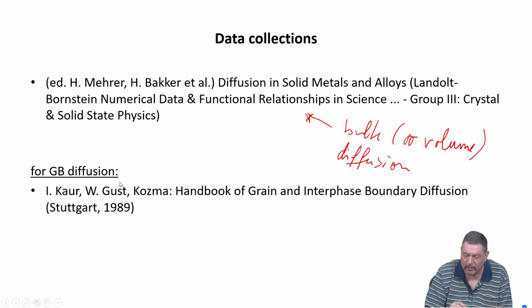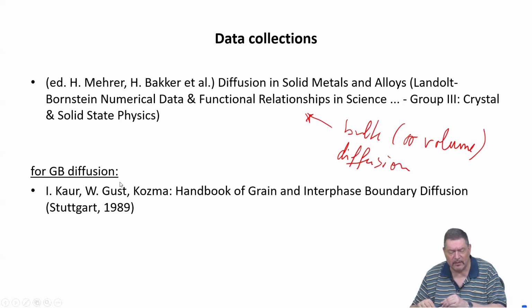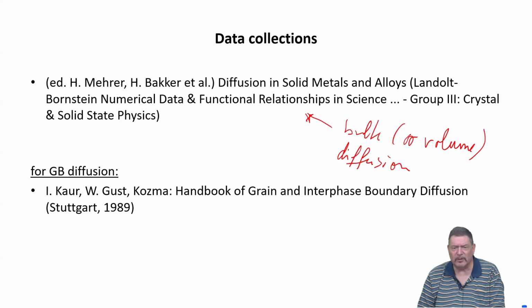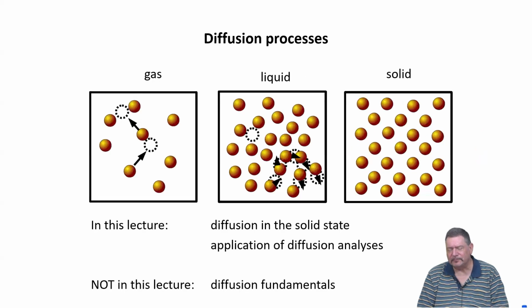And then for grain boundary diffusion, specifically this book by Gust and others. They are a little bit older, but since then not so much data was added, so they are still the most complete ones, unless you find on the internet some machine learning tool that gives you also the newer values. So these are diffusion processes.